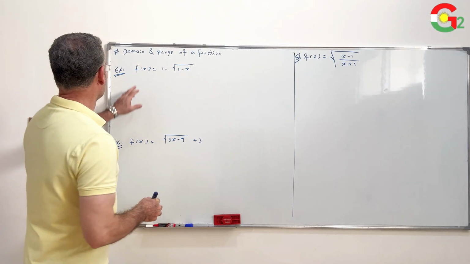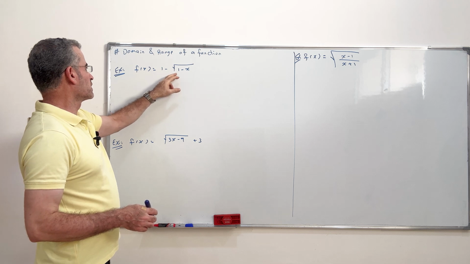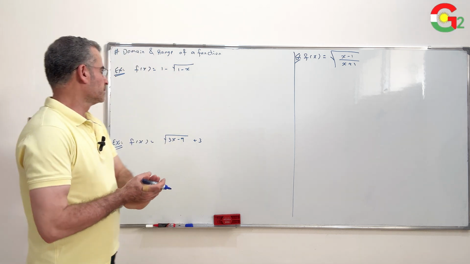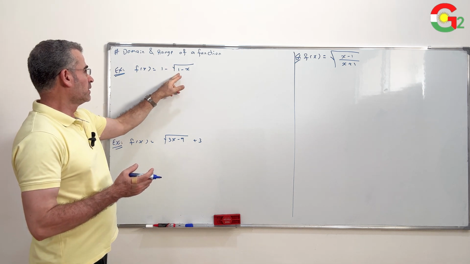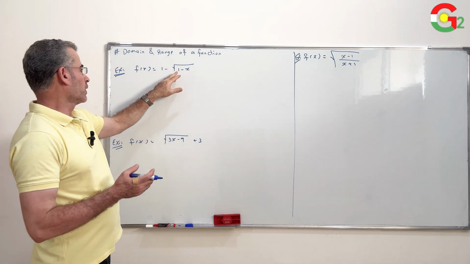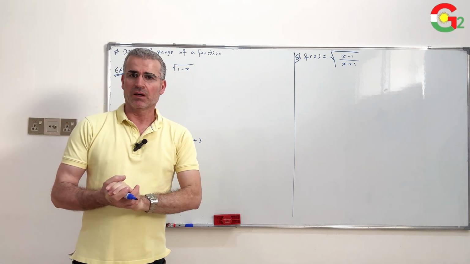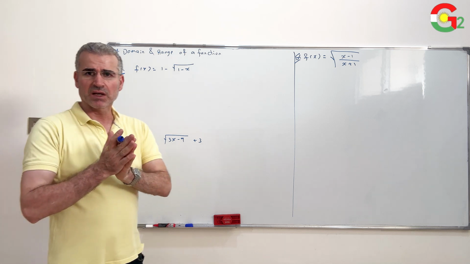Another example, find the domain and range of this function, 1 minus square root of 1 minus x. If I have a number subtracted by a root, or a root subtracted by a number, or a number plus the root, or a root plus a number, then how can I find the range of this kind of function?